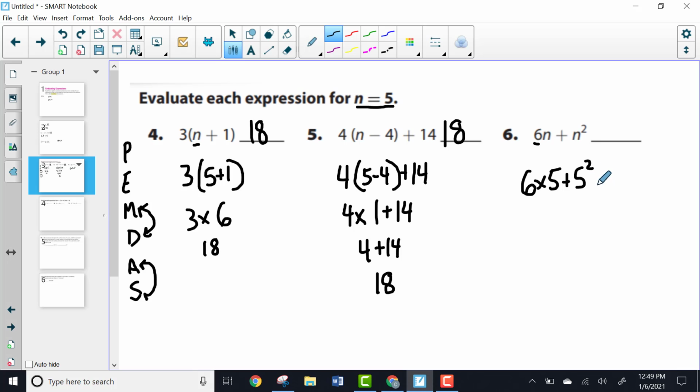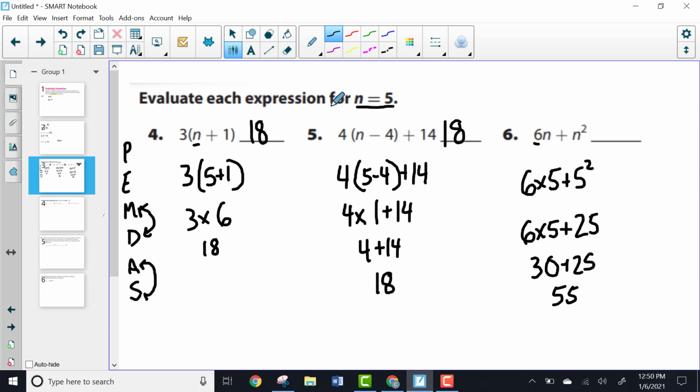Exponents we do. 5 to the power of 2 is 25. And then we have 6 times 5 plus 25. Next step, 6 times 5 is 30 plus 25. You can see the importance of writing down each step. And now we have 30 plus 25. That's going to give me 55 for my answer.